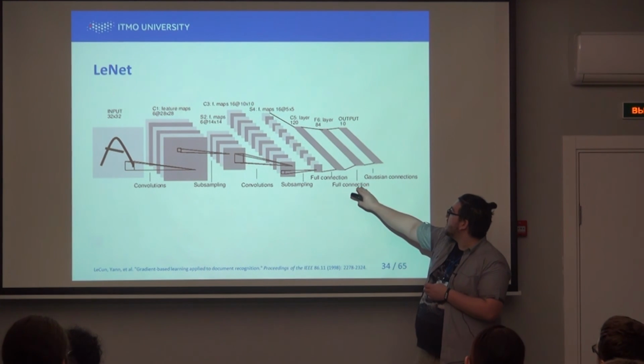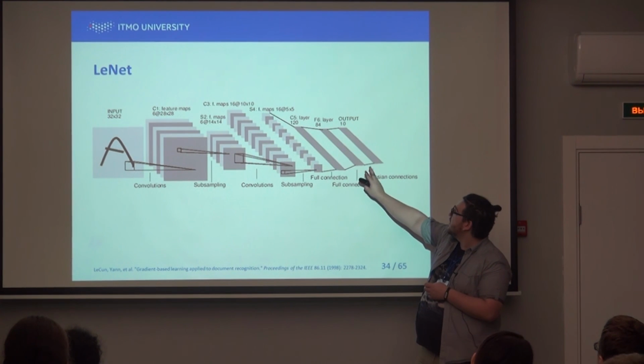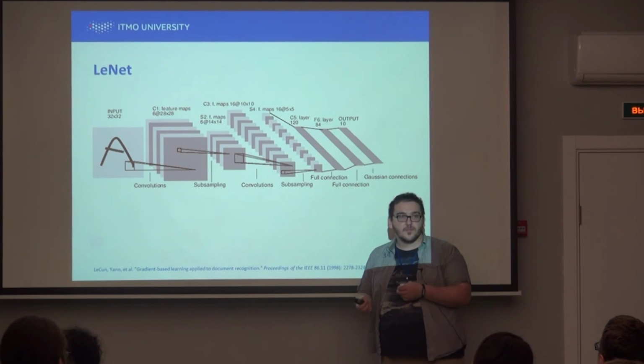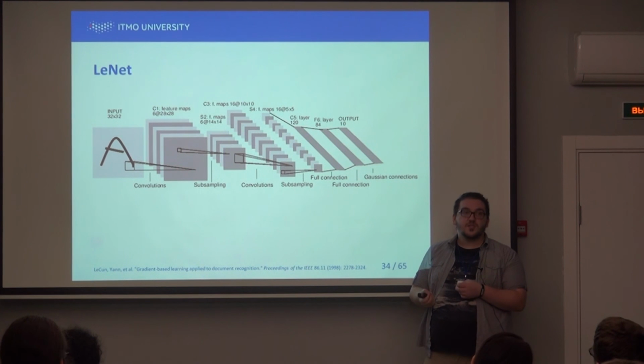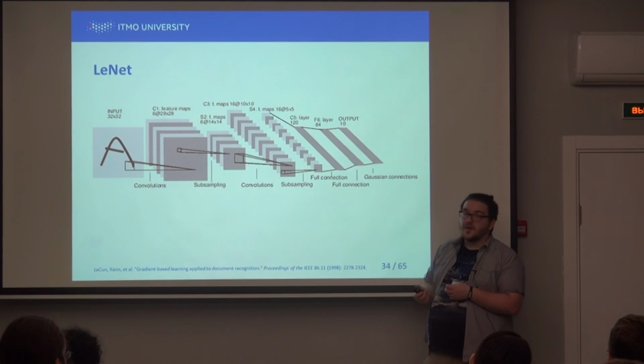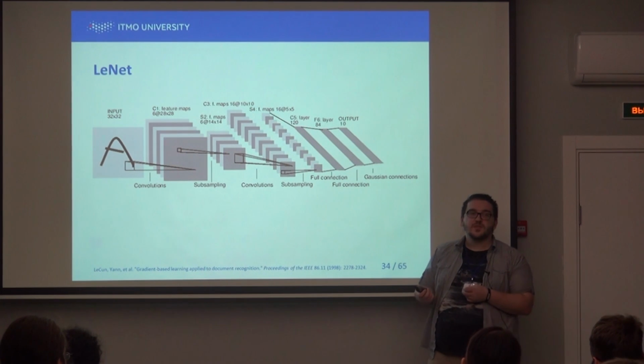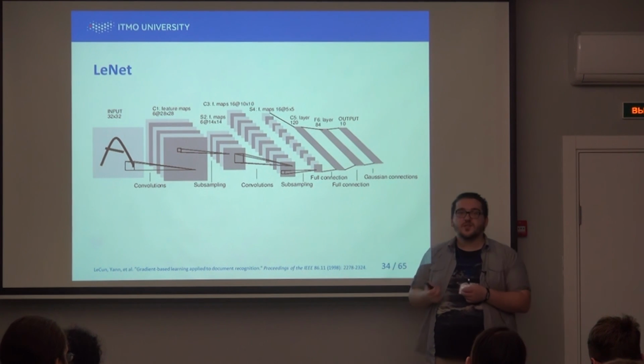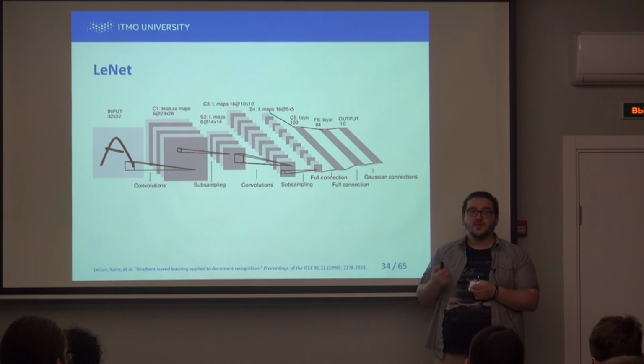After that, it had three fully connected layers, as in a simple neural network. And it was used to predict digits. It was trained on the MNIST dataset, which was also created by Yann LeCun, and it showed very, very interesting performance.